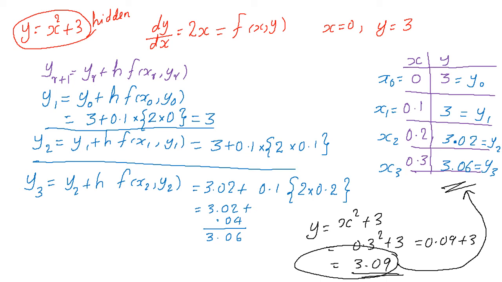Fine. So I hope you understood the procedure. So let's recall the procedure. The idea is in fact really simple. So how do you proceed? The method is really simple. You will be given some x, y, so x0, y0, and you will also be given f of x, y.